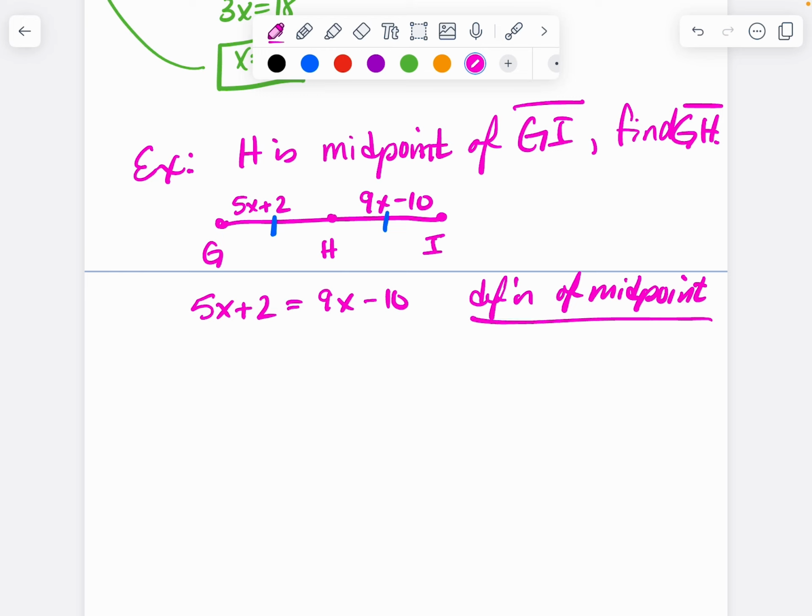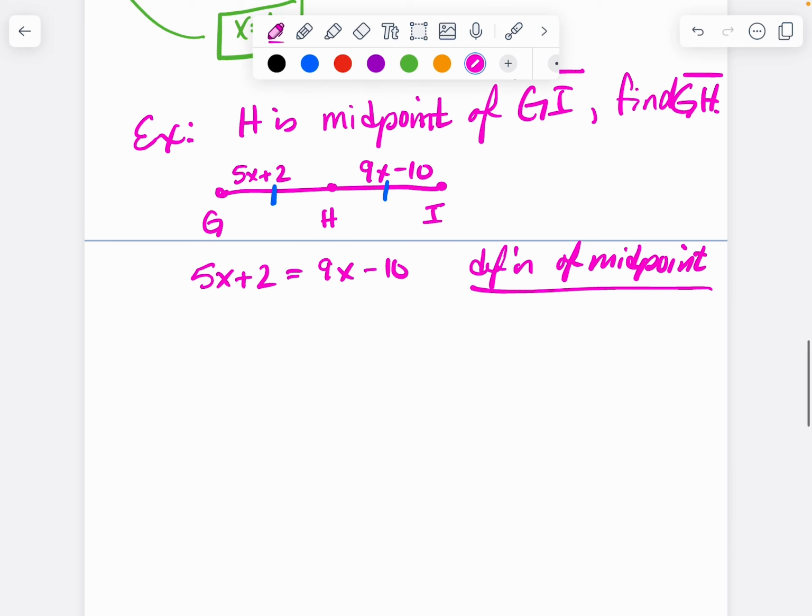You need to get in the habit of writing that, because I am going to ask you to justify why you're doing that as you progress through this class. So now that I've done that, I can solve. Minus 9x, minus 9x: negative 4x plus 2 equals negative 10. Subtract 2. Negative 4x is negative 12.